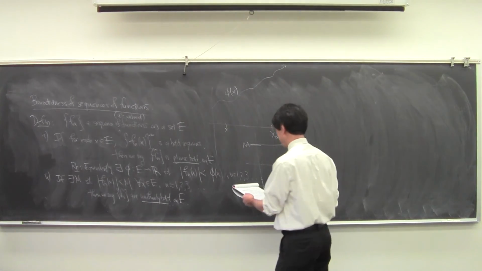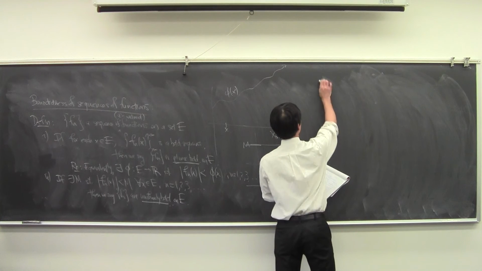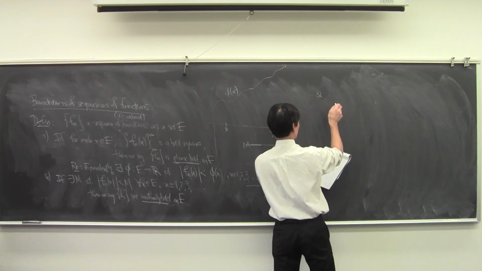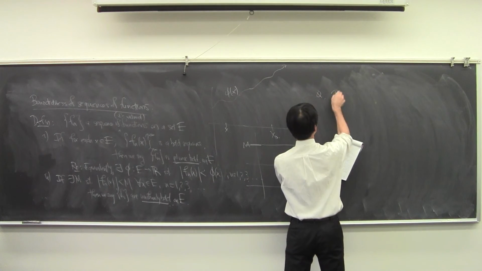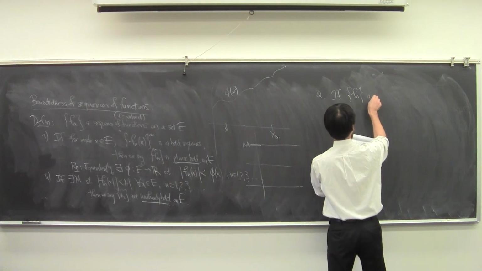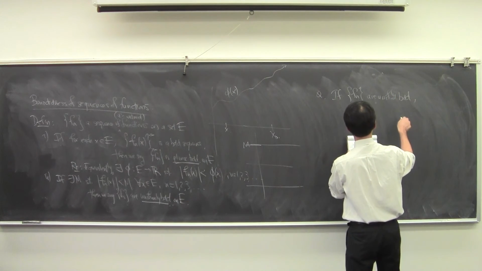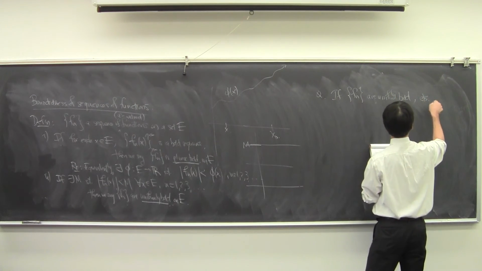And Rudin gives an example to answer the following question. Suppose you know that these guys are uniformly bounded, and they're continuous on a compact set.